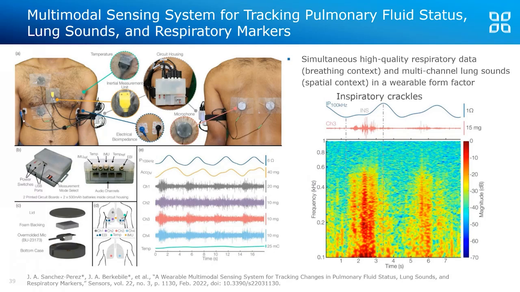One of the things you'll see here that's interesting is that this patient from whom we were recording data had inspiratory crackles, and you can see that during inspiration is when you start seeing the greatest amount of acoustic output from one of the lung sounds microphones. And we found a lot of interesting things from these approaches.